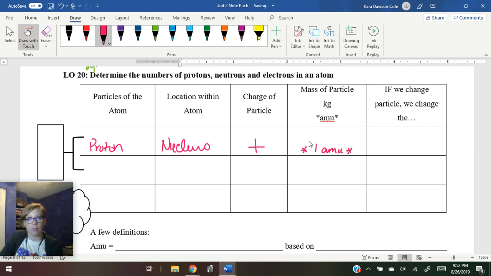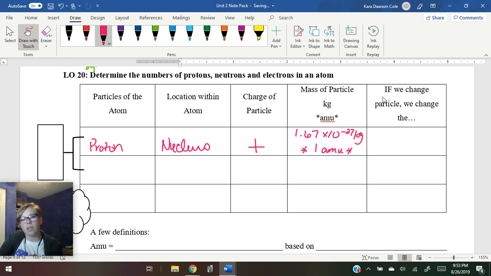And then the mass of the particle in kilograms is 1.67 times 10 to the minus 27 kilograms. Really, really teeny tiny, which is part of the reason why we use AMU here, and we'll talk about that in just a second.